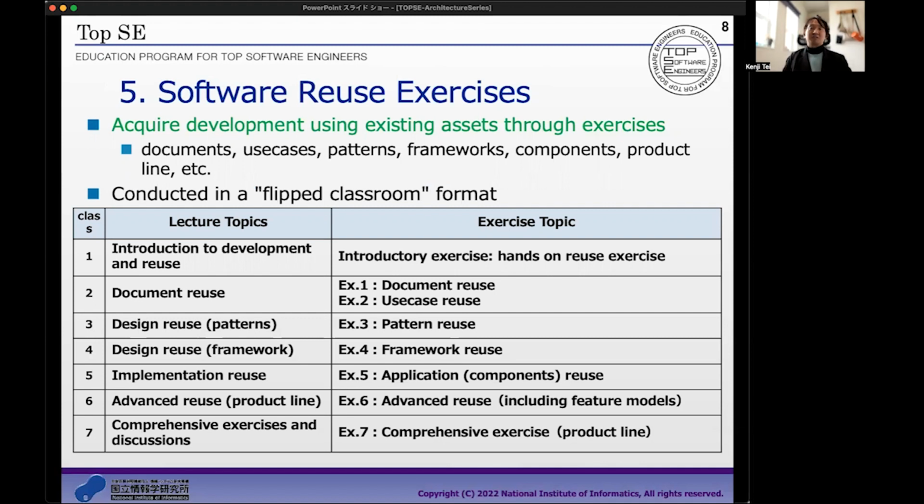So this exercise course covers different types of reusing techniques. Only this course is provided in a flipped classroom style. Students are expected to check the lecture material in advance of the class, and during the class, students only do the exercise. So the exercise covers diverse reusing topics.